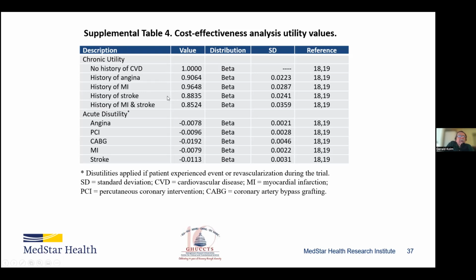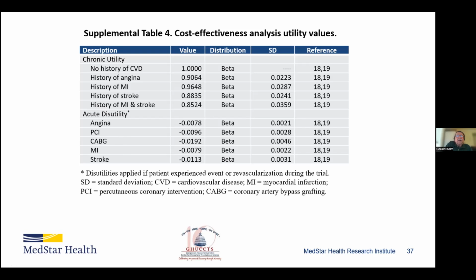And the same thing if you had a history of stroke, then we're going to multiply your life years times 0.88. And so this would be applied to your cardiovascular history. If during the study you experienced, say, an MI or stroke, or you had a coronary artery bypass graft or a PCI, or if you had angina, then we're going to subtract this from your quality adjusted life years.